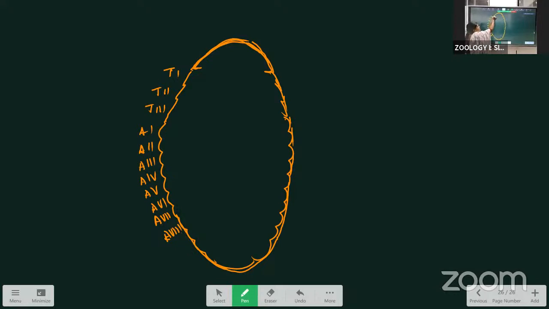See this one, where the spiracles are present. In the thoracic region, 2 spiracles are present. Already we discussed the spiracles in the thoracic region. The first segment doesn't have a spiracle. Between the first and second segment it is present, and between the second and third segment it is present.